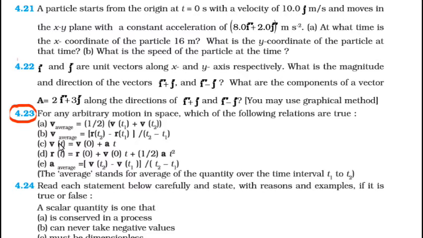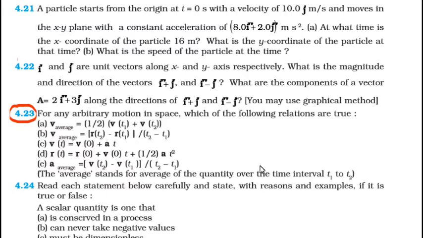C. V(t) is equal to V0 plus at. D. R(t) is equal to R0 plus V0 t plus half a t square. E. A average is equal to V(t2) minus V(t1) upon t2 minus t1. The average stands for the average of the quantity over the time interval t1 to t2.